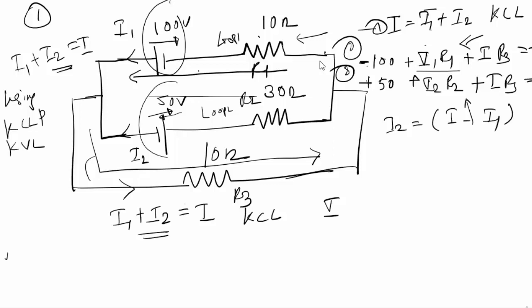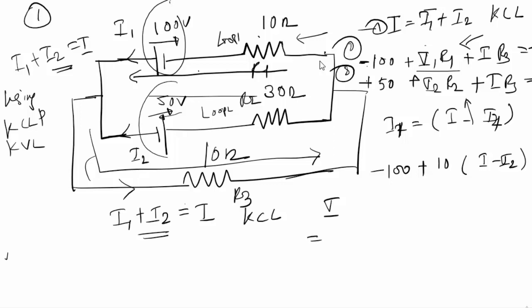So I'm putting it here, so minus 100 plus, or my I1 equal to I minus I2. Putting it here, I will get my R1, which is 10, into I minus I2, plus I R3, which is 10.